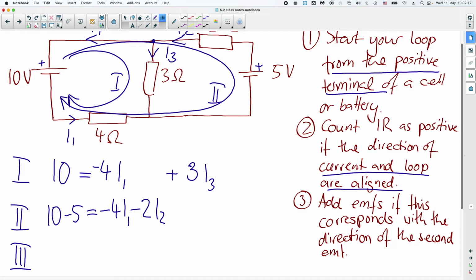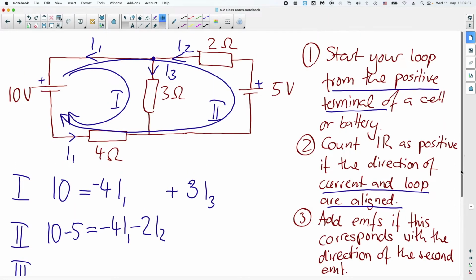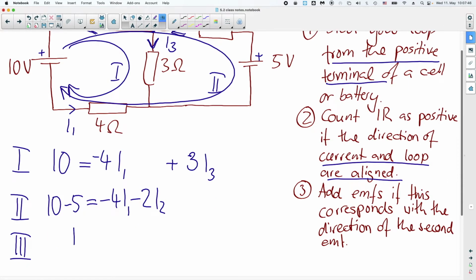The junction rule is about conservation of charge. Conservation of charge means that whatever current goes into my junction, whatever rate of flow of charge goes into my junction, has to come out. So what comes out is I1 and I3. I1 and I3 come out of this junction and I2 goes into it. So that means that I2 is equal to I1 plus I3.